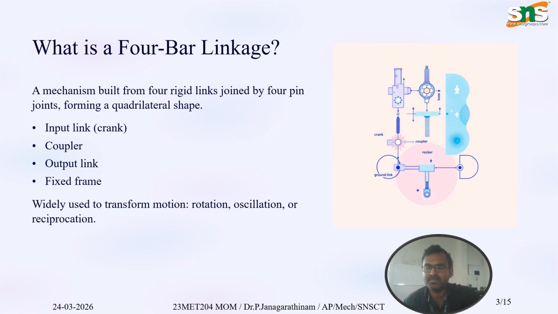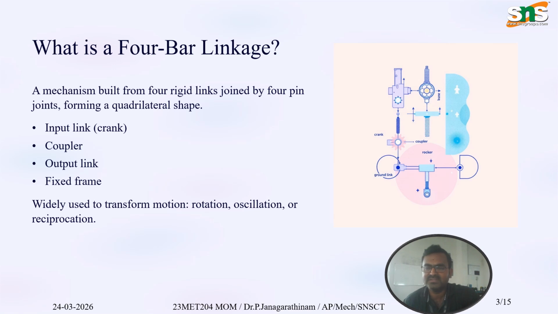First of all, what are the basic components of a four-bar mechanism? The first one is the input link, which means the crank, which rotates, and all the remaining rigid bodies or links are rotated or otherwise moved. The second one is the coupler, the third one is the output link, and the fourth one is the fixed frame.